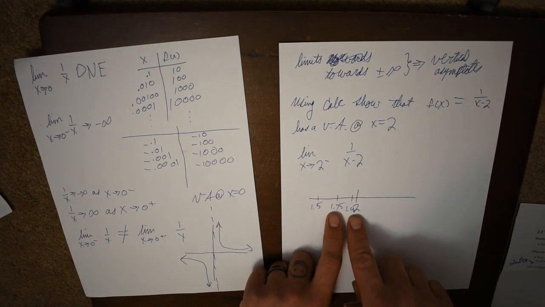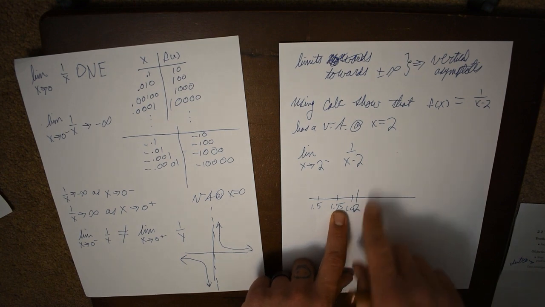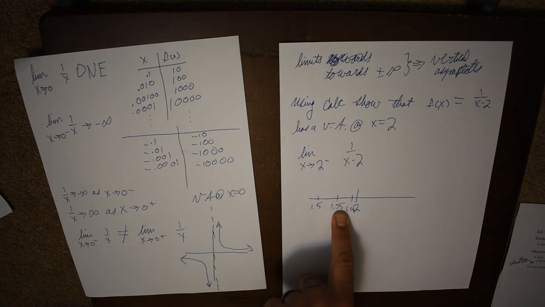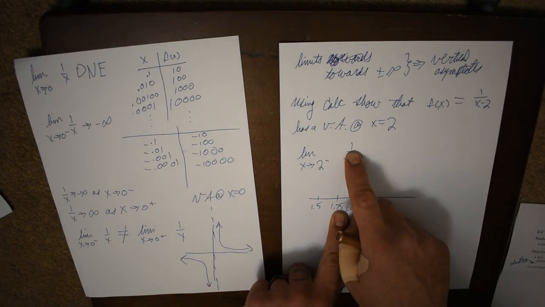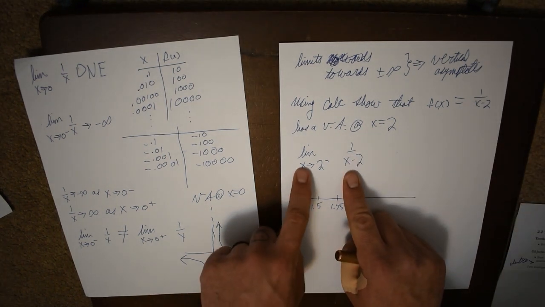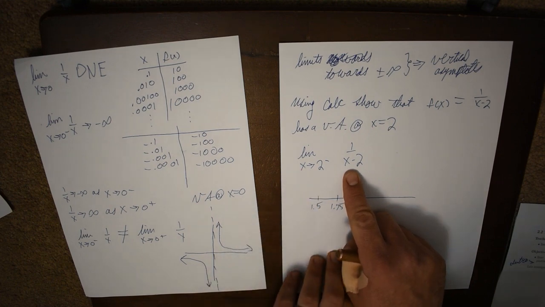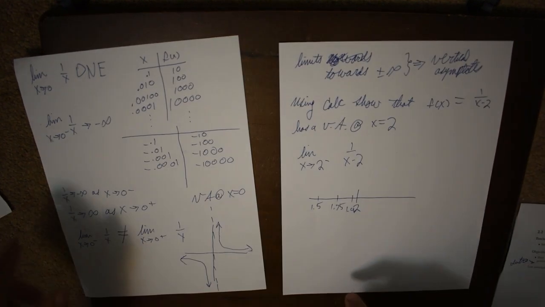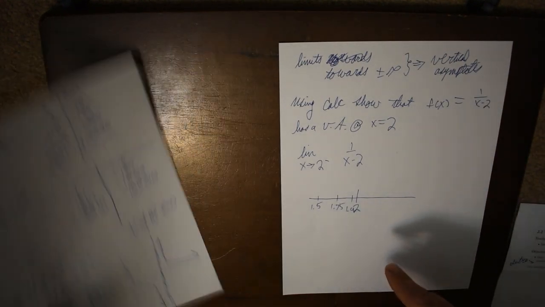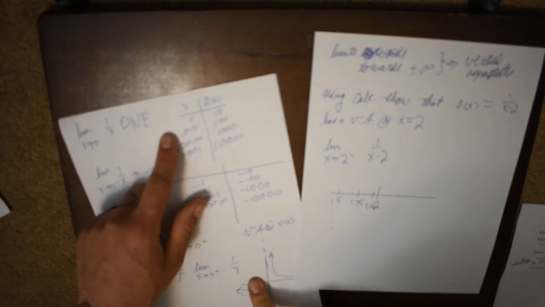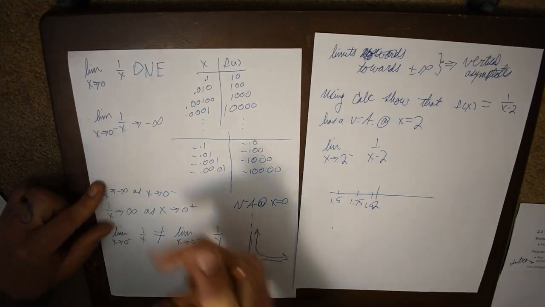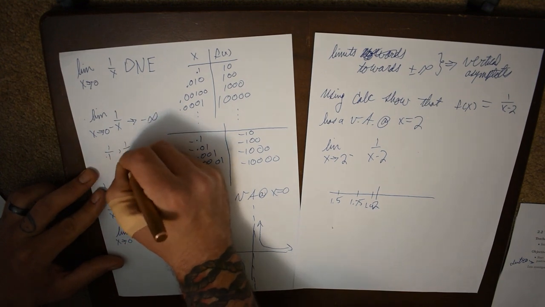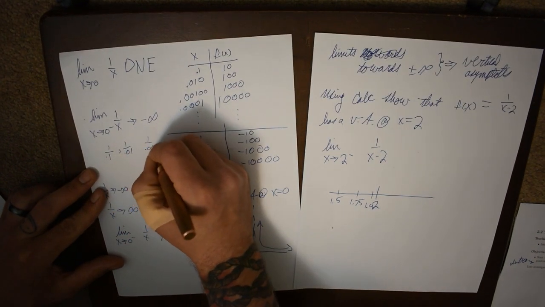No matter what number is over here, when I take 2 away from it, it's going to be a negative number. This numerator is always positive. This denominator, for the sake of this limit, is always going to be negative. And this denominator is getting incredibly small. Looking at the top, 1 over 0.1, 1 over 0.01, 1 over 0.001.